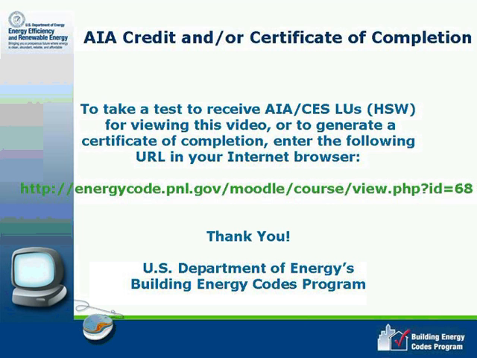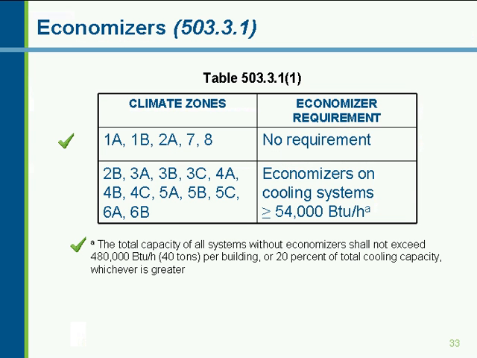Let's take a look at that slide. I can't remember whether it was 10 or 20% of the total cooling load. You can't exceed 40 tons or 20% of the total cooling capacity, whichever is greater. So you couldn't put 80 tons of packaged terminal air conditioning units in a building with a 100-ton total cooling load. It is just not allowed.